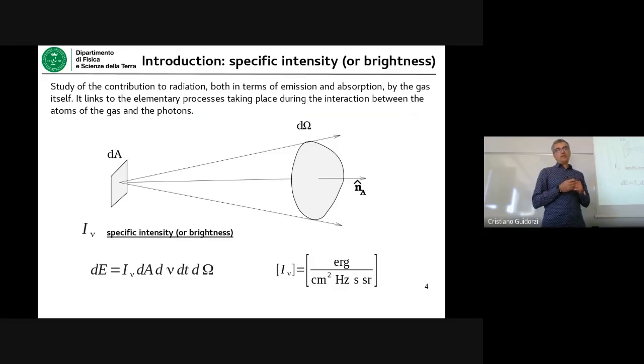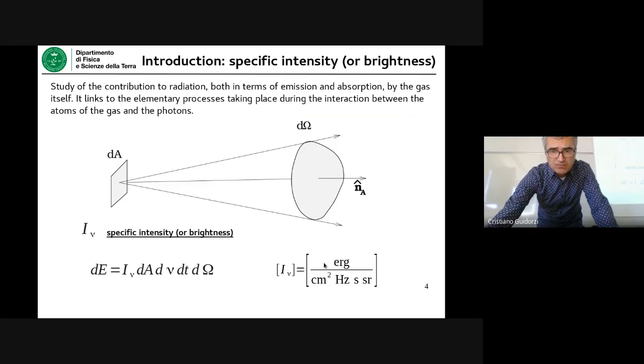Well, the quantity I'm talking about is usually denoted with I_nu, in the sense of specific, so depending also on frequency. So just look here at the unit of measure of the intensity. It's energy per unit area, per unit frequency, per unit time, per unit steradian.